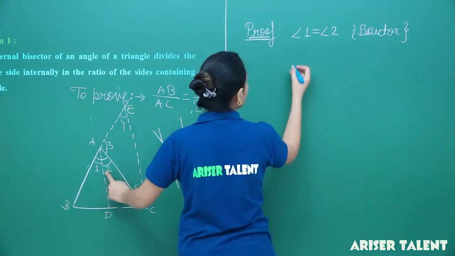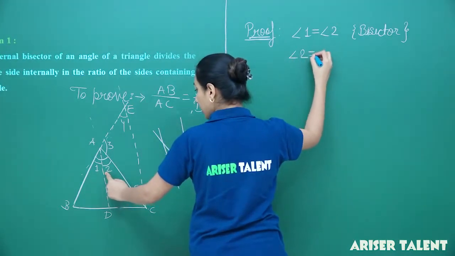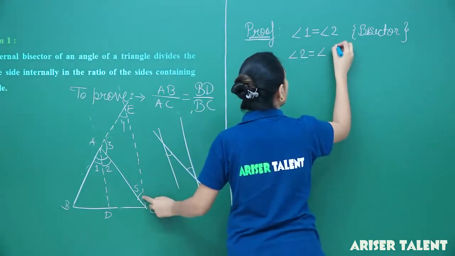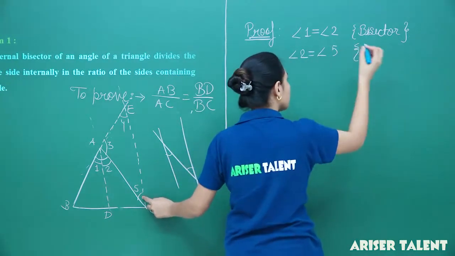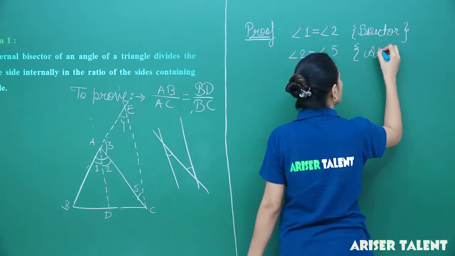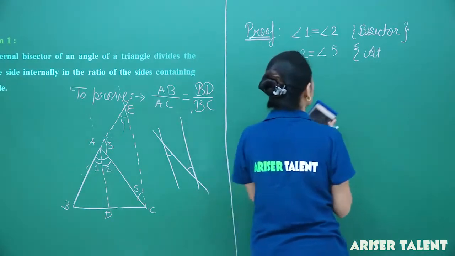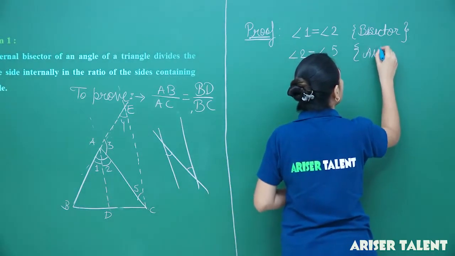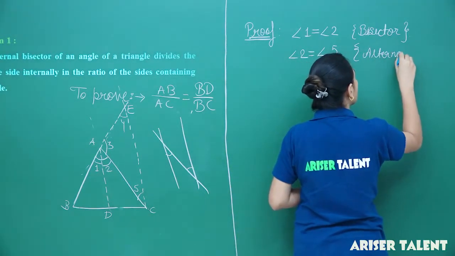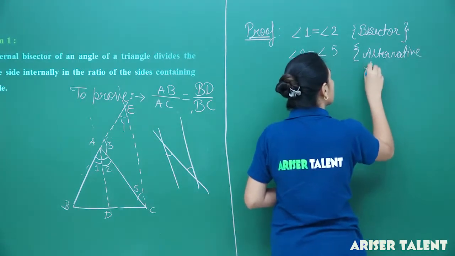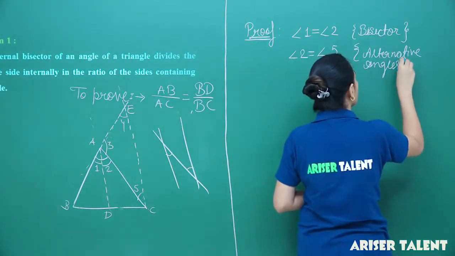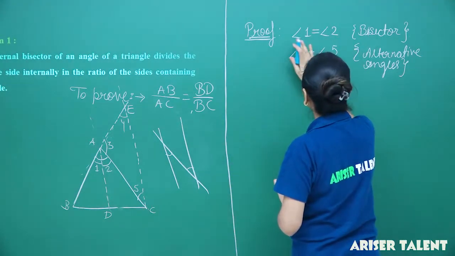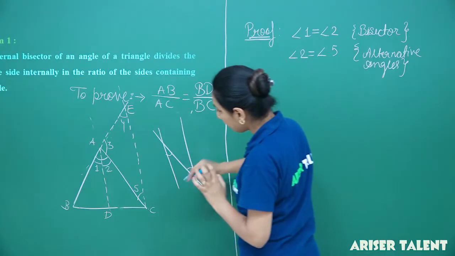So, you can write angle 2 equals angle 5 by alternate angles. So, we are having 1 equals 2 and 2 equals 5. So, basically 1, 2 and 5 are equal.